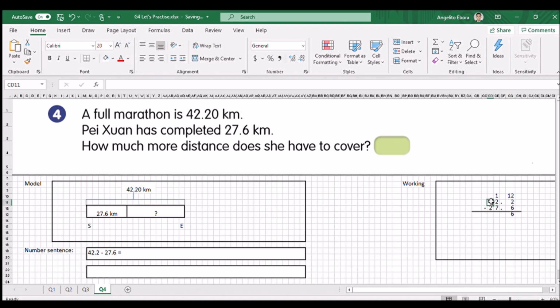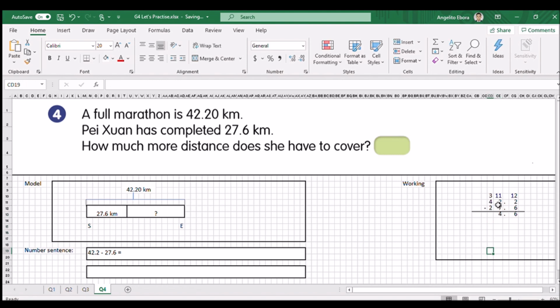We make 4 into 3. We take 1 from 4 and add 1 on the 1's place. So this becomes 11. 11 minus 7 is 4, don't forget the decimal point.